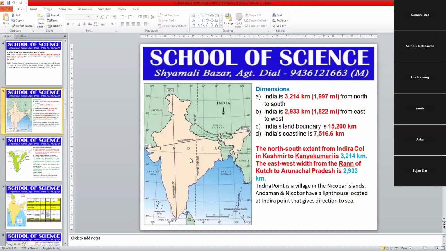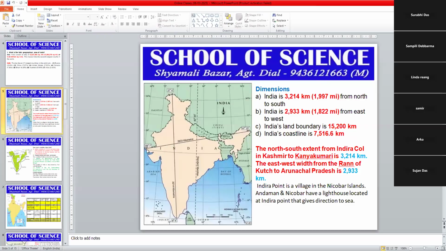The distance is 3,214 kilometers from north to south. Or we say the north-south extension of India is 3,214 kilometers. Okay, what are these 2 points which join the north and south extremities? I will let you know later on.